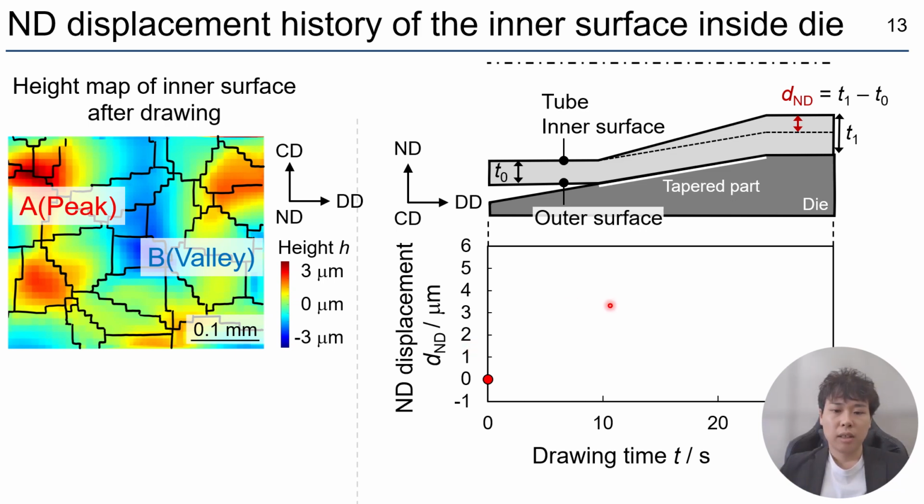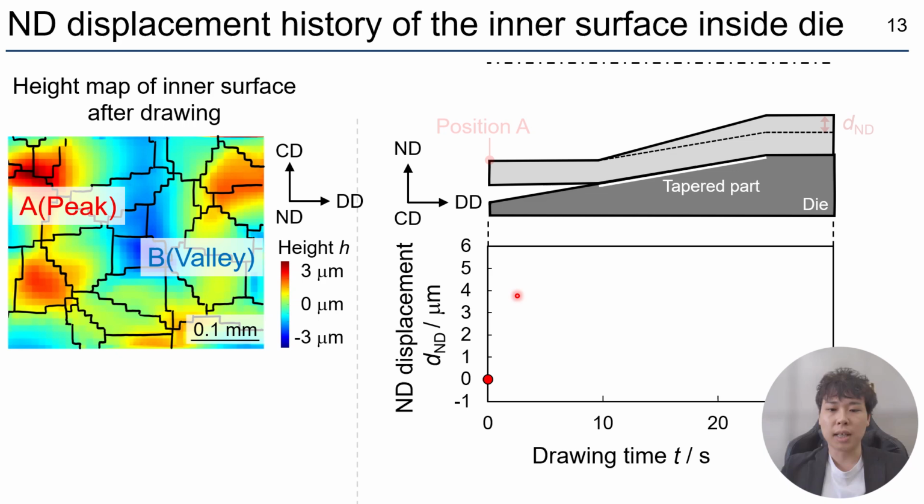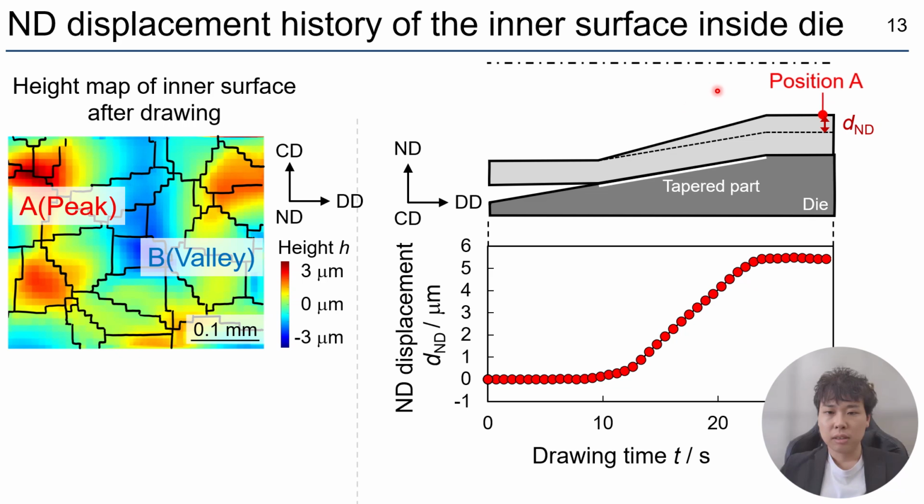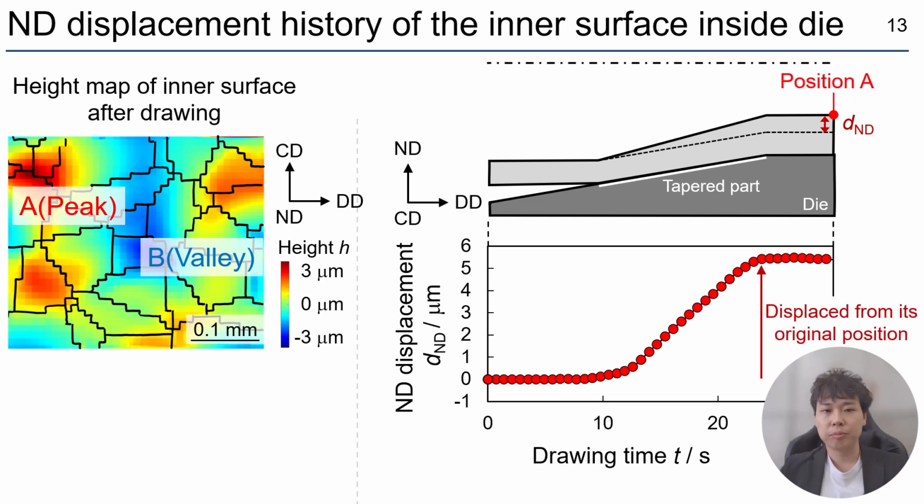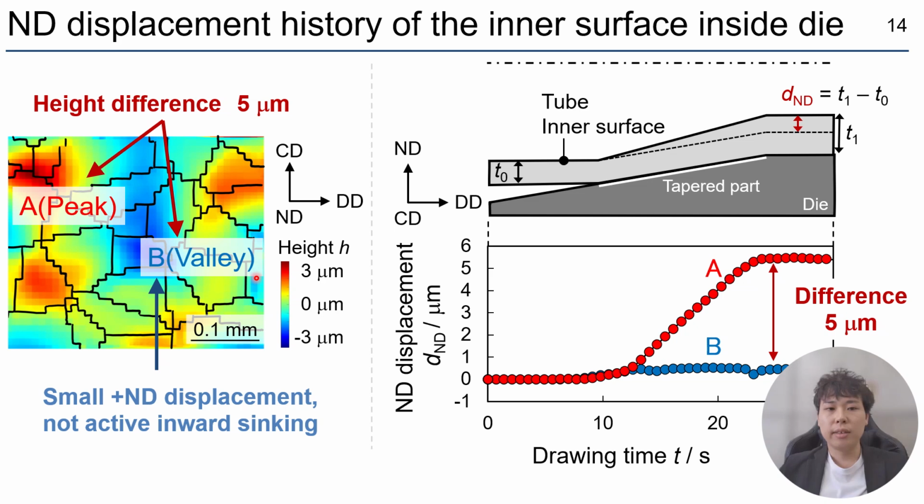During the tube pass through the die, the ND displacement at the inner surface kept increasing in the positive ND direction. The ND displacement at position B also increased in the positive direction. However, its increase was smaller than that at A, which formed a peak.